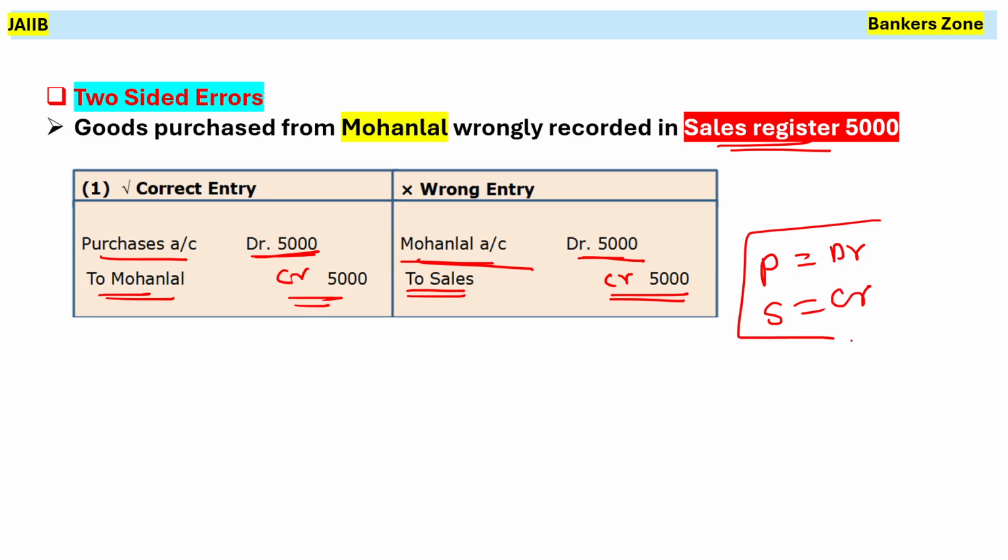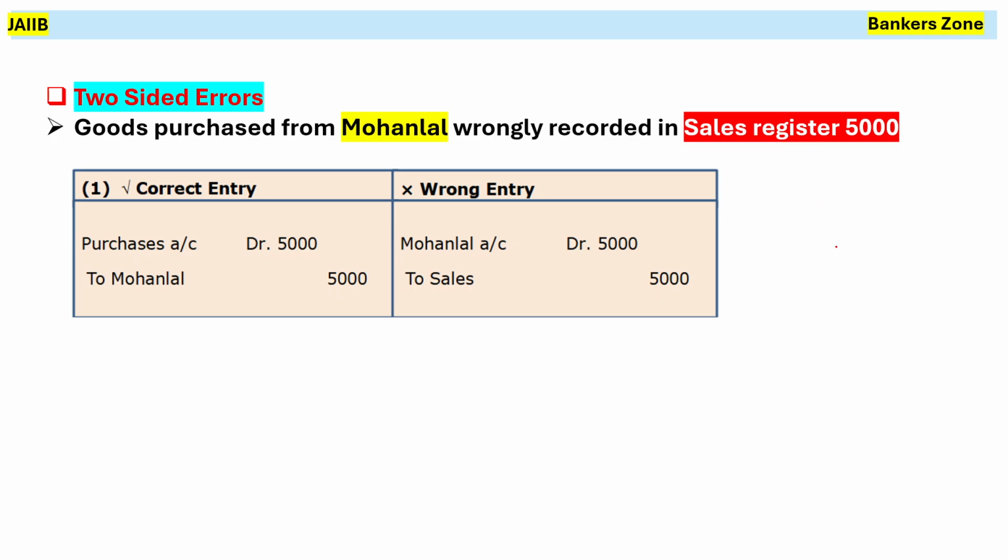That we have already learned, because these are nominal accounts. Sales is an income or gain, so it must be credited. Purchase is a loss or expense, so it must be debited. Mohanlal's account should be credited, but they have debited it, and the sales account they have credited. This is the wrong entry.